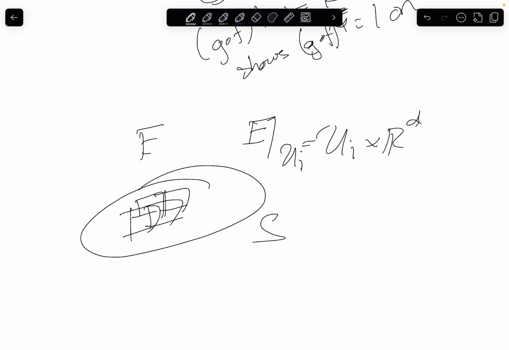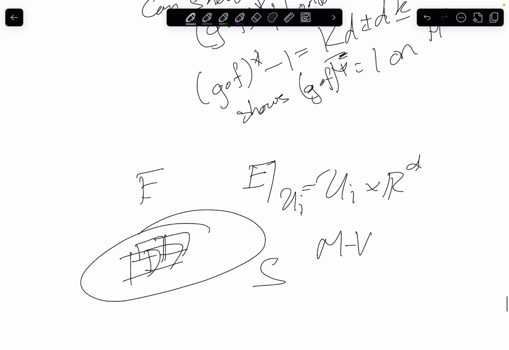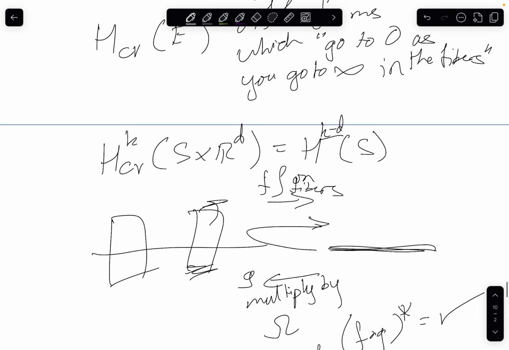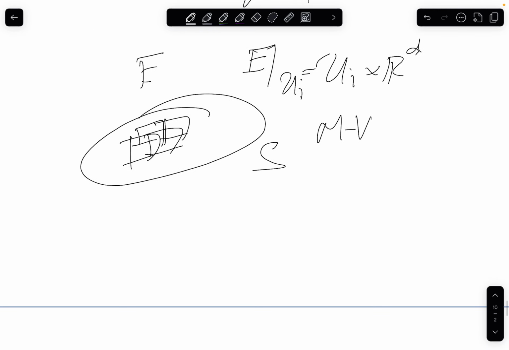And then what you can do is essentially a Mayer-Vietoris argument, a similar sort of thing where you patch things together, and you use this isomorphism over here to patch parts together from, say, U_i intersect U_j.